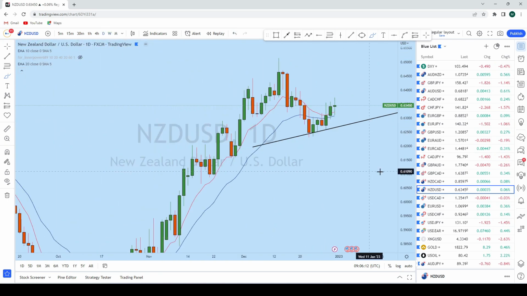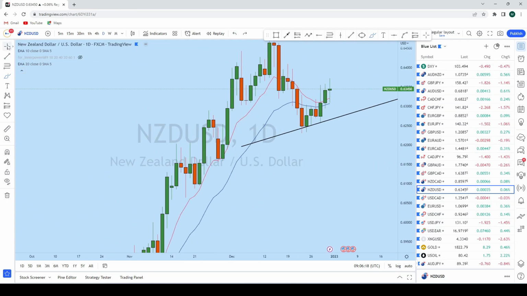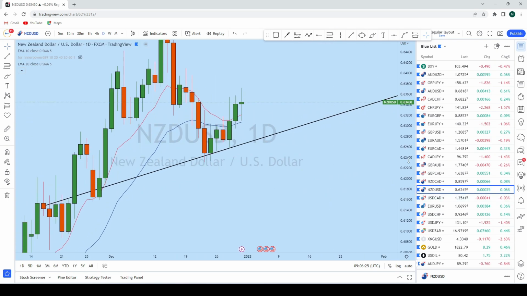If you look at the daily perspective on NZDUSD, we see there is a double bottom that has been created on this level. This is the support zone here on NZDUSD, and from this level we can expect now NZDUSD to continue to go up.